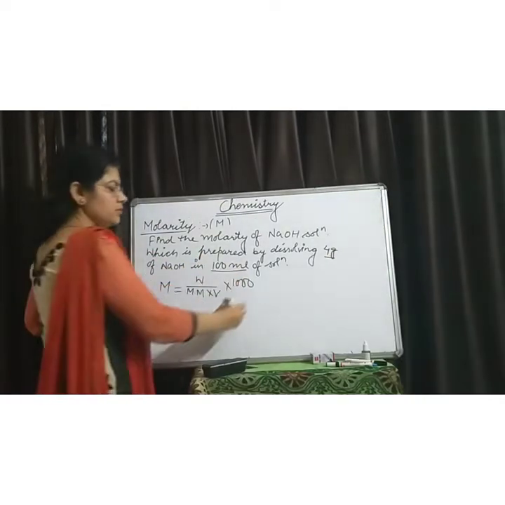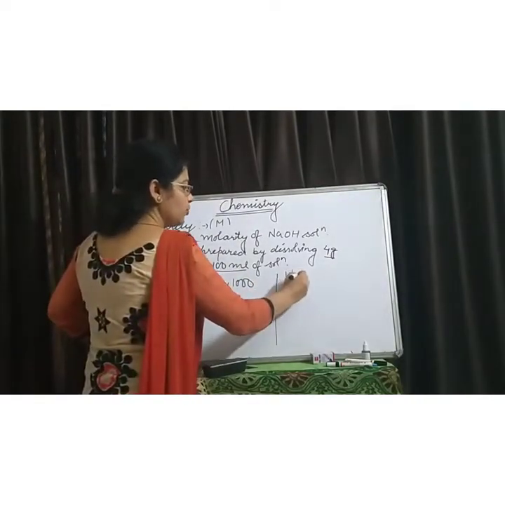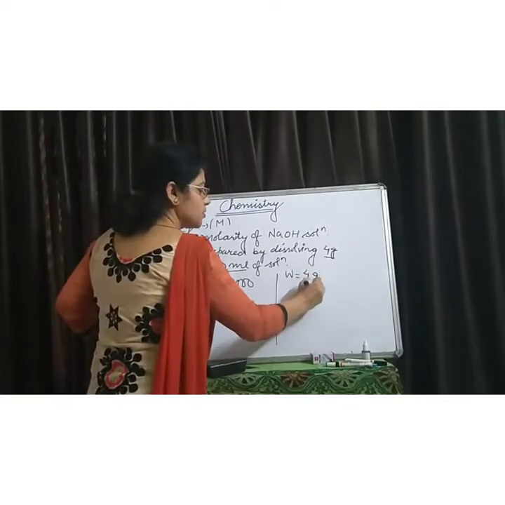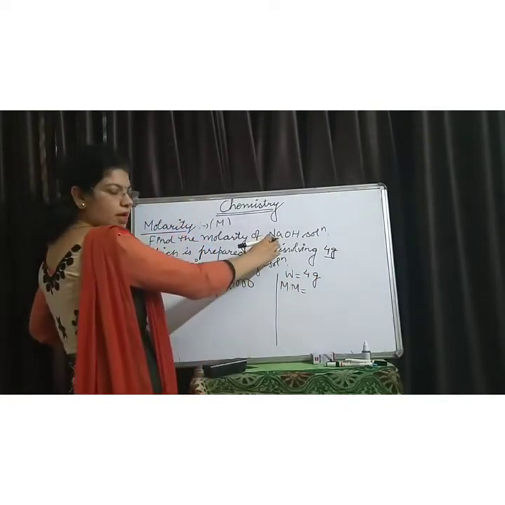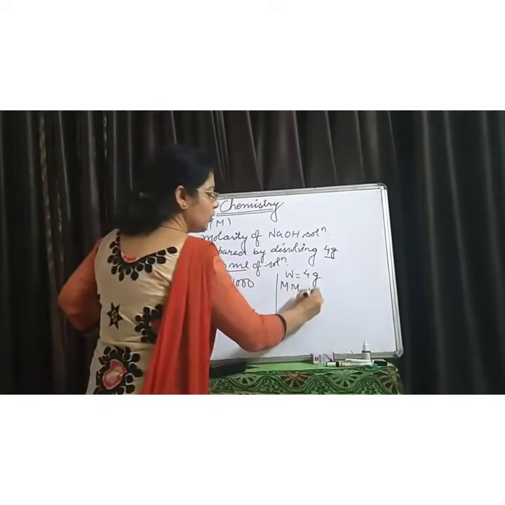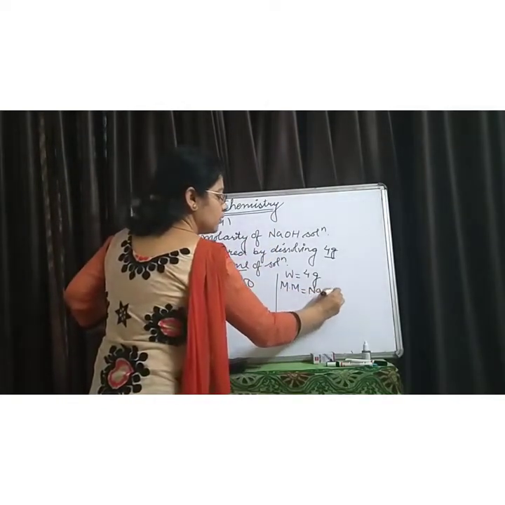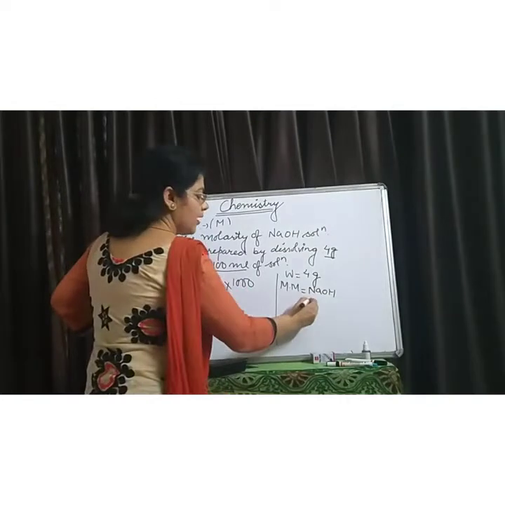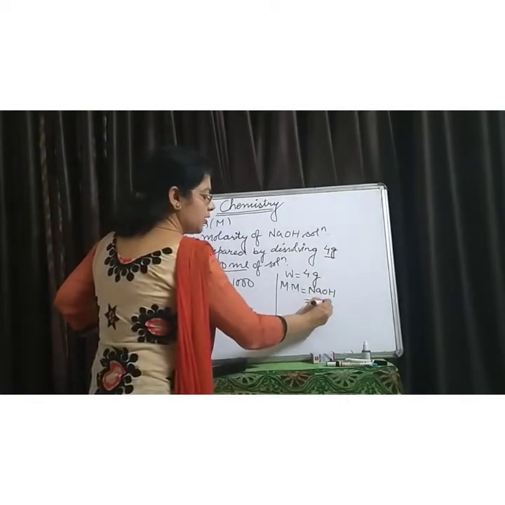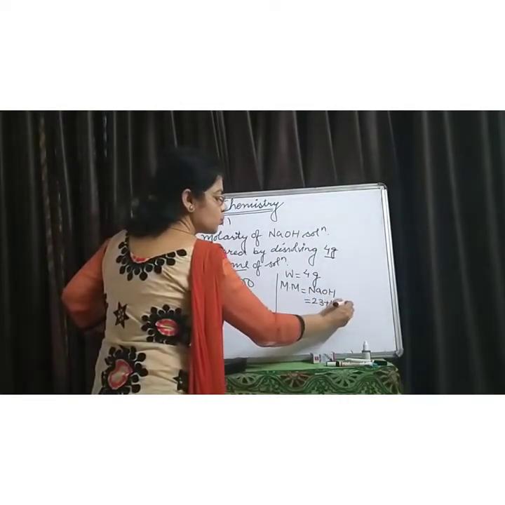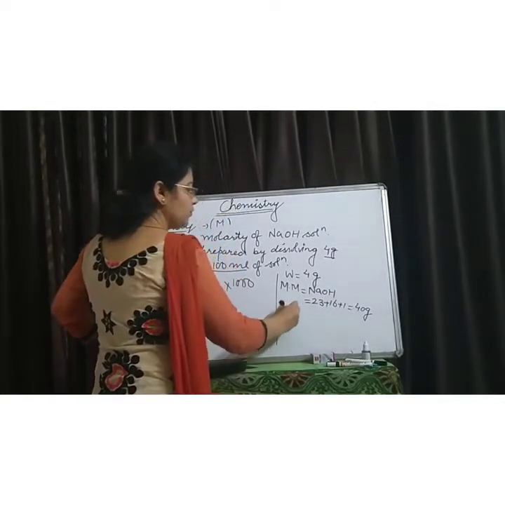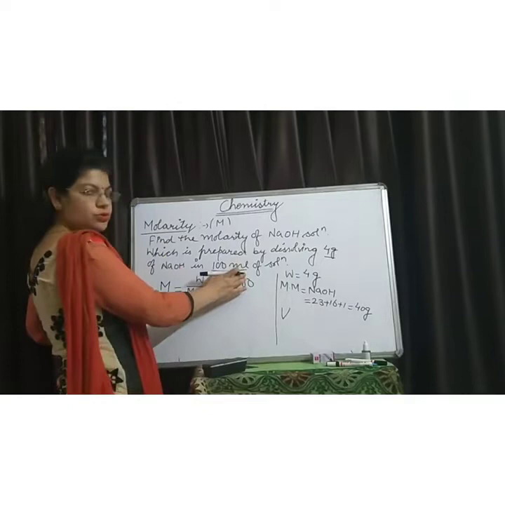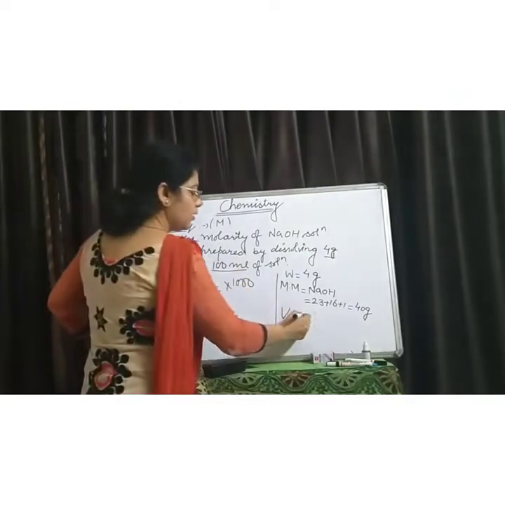In this question, W is given to you, that is 4 grams. Molecular mass of the sodium hydroxide you have to calculate by this formula, and it comes out to be 23 plus 16 plus 1, that is 40 grams. And volume of the solution is also given to you, that is 100 ml.